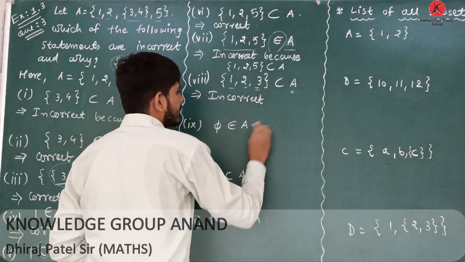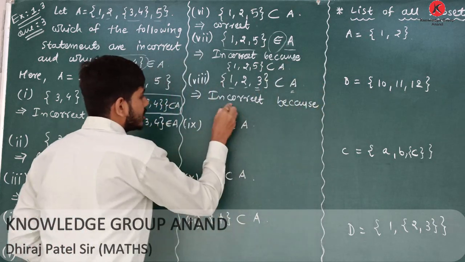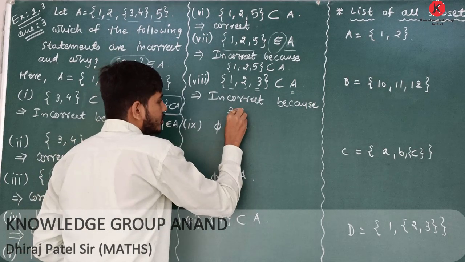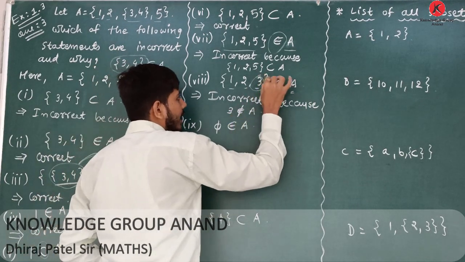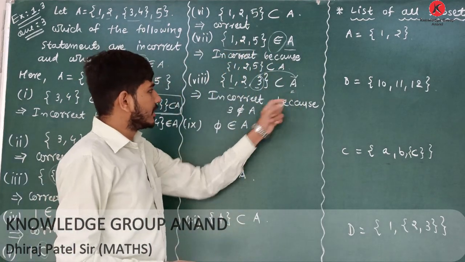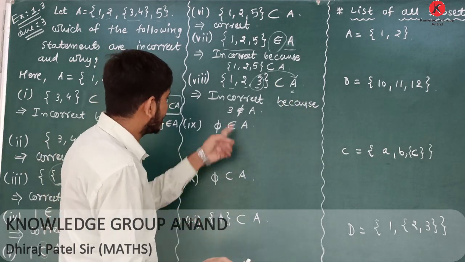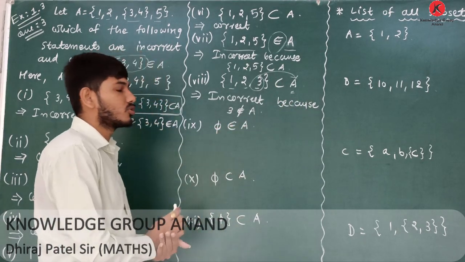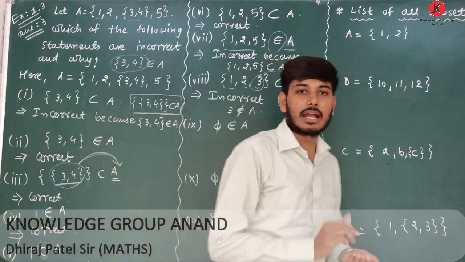The reason is 3 does not belong to set A. This element must be an element of set A, or 3 also belongs to set A, but here 3 does not belong to set A. Therefore, this statement is incorrect.